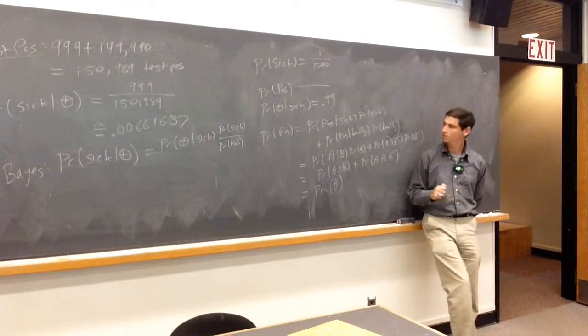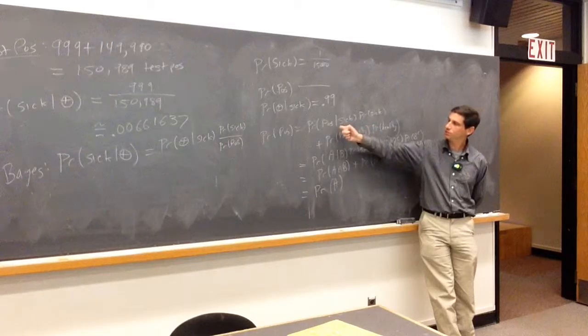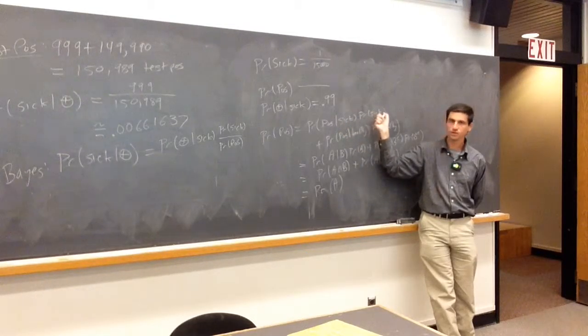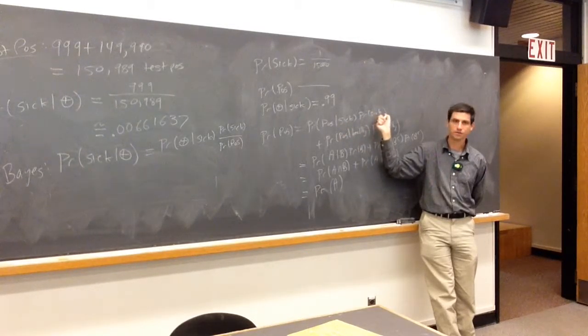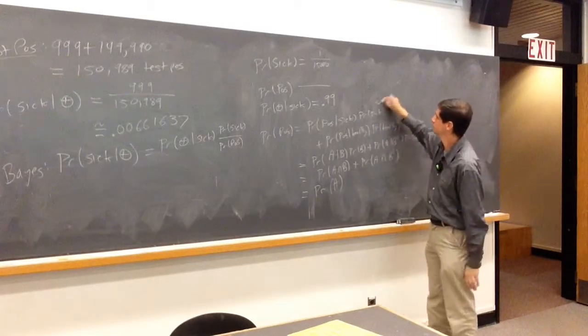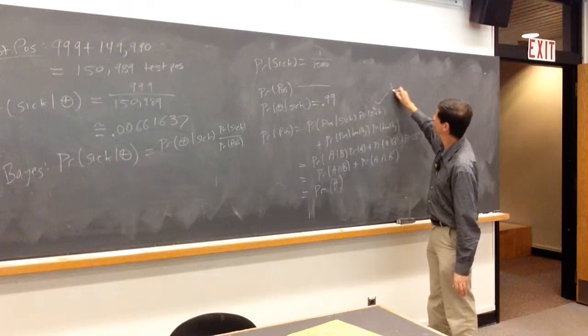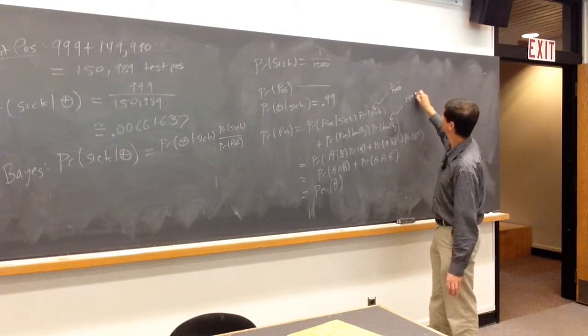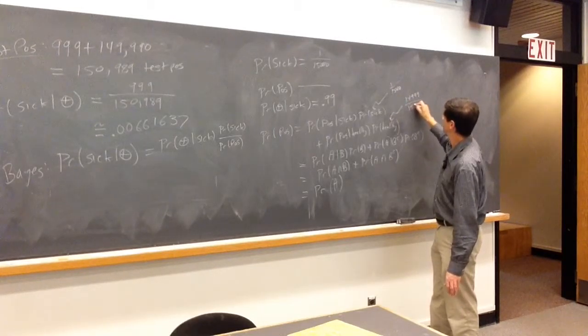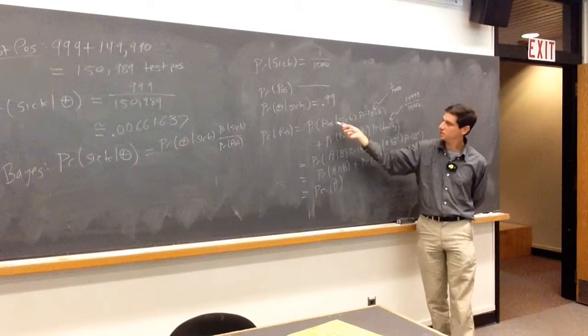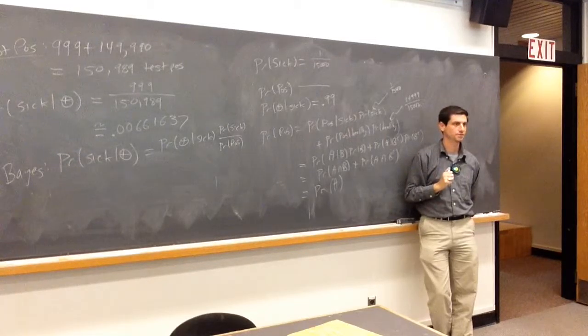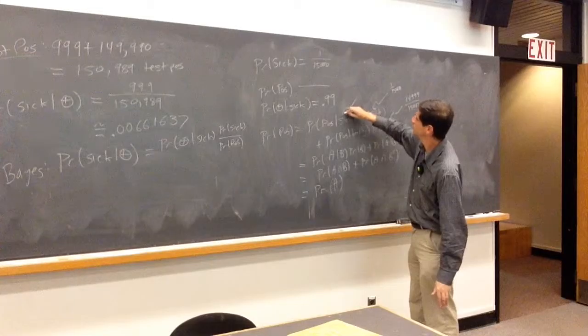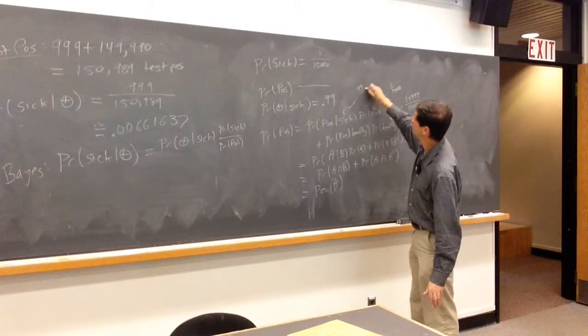So to finish the problem, all we have to do is find the probability that we are sick. Do we know the probability that we're sick? Yes. What's this probability? 1 in 15,000. What's the probability we're healthy? 14,999 over 15,000. What's the probability we test positive given that we're sick? 0.99. So 99 out of 100.